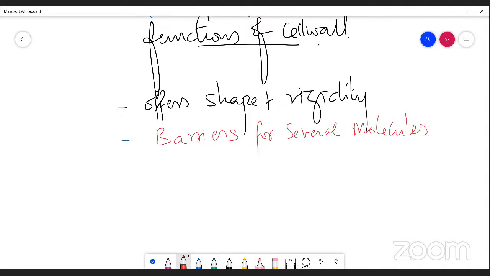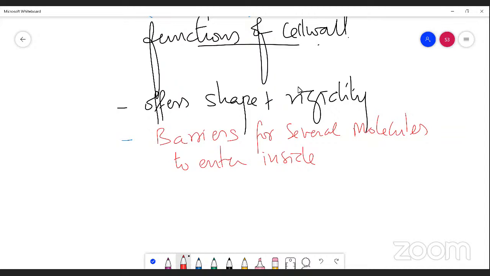The cell wall acts as a barrier for several molecules like ions, micronutrients, macronutrients, proteins, antibiotics or any other food material or ions that try to get inside the cell. If a cell depends on other ions for metabolic activity, these ions can be transported through the cell wall. Hence the cell wall acts as a barrier for several molecules in order to get inside.